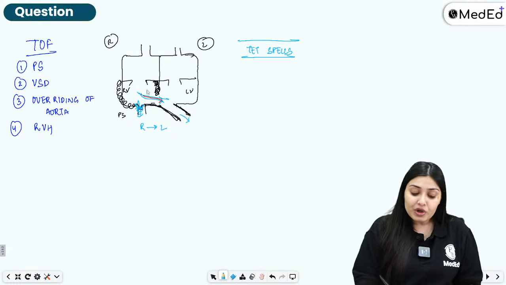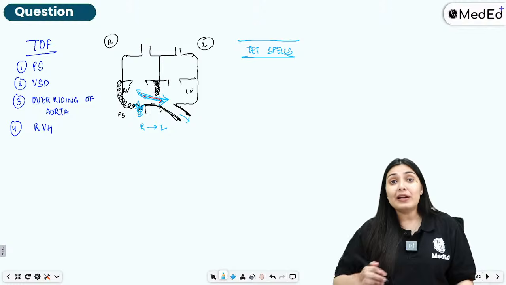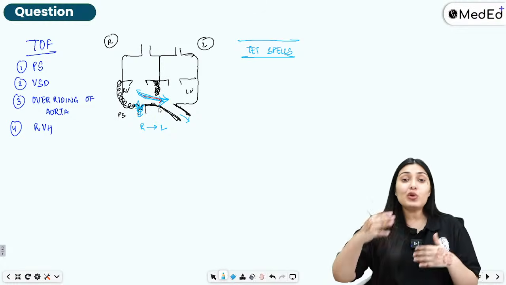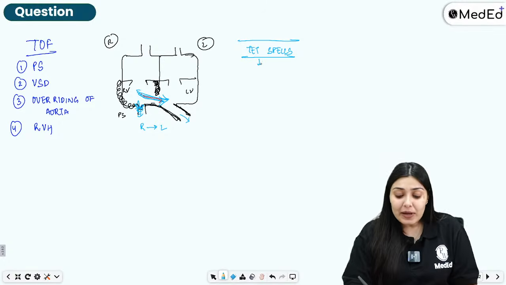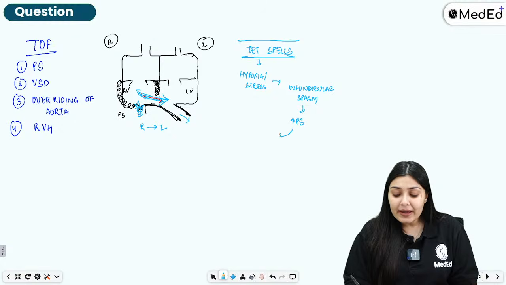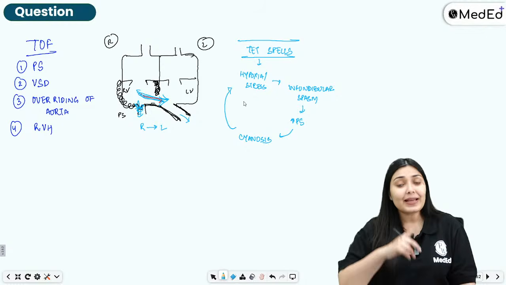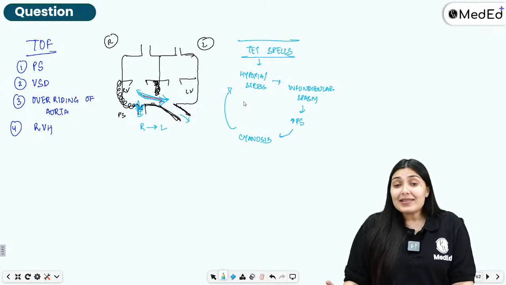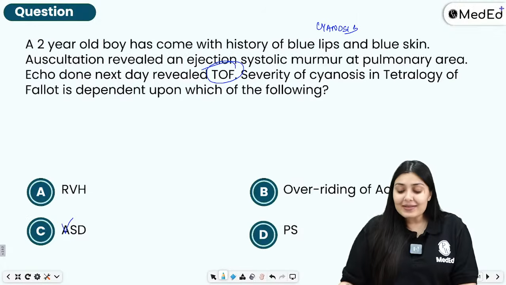There will be more right to left shunting, leading to more cyanosis, and this vicious cycle continues. So this is TET spells. This answers our question.